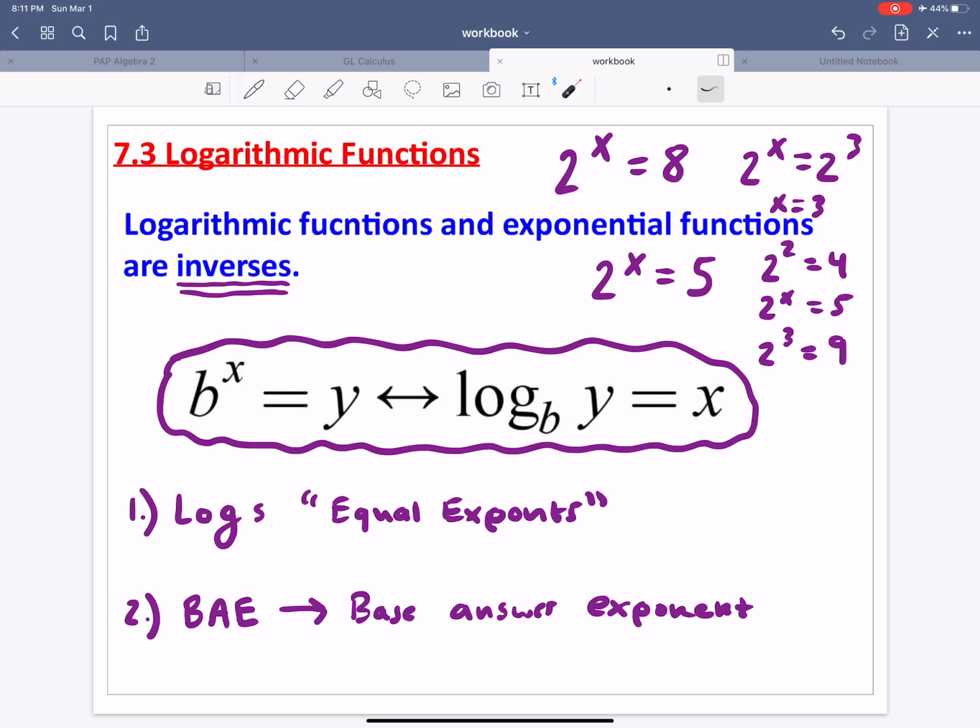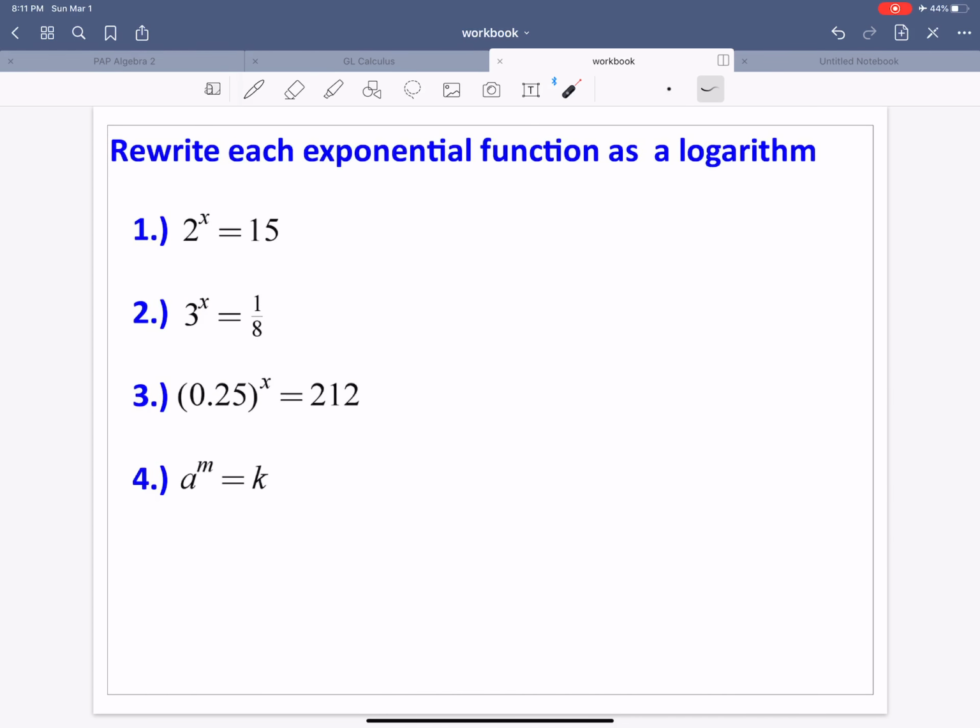Let's actually practice writing some of these. Rewrite each exponential function as a logarithm. Number one, 2 to the x equals 15. I do not care which method you use, but you're always going to start with log base whatever the base is. In this case, log base 2.